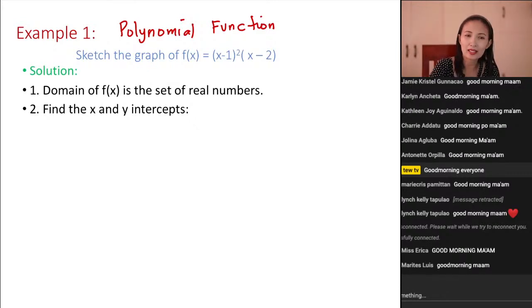What is the x-intercept, by the way? The x-intercept is the value of x at which the function intersects the x-axis. And what do you know about all points located along the x-axis?